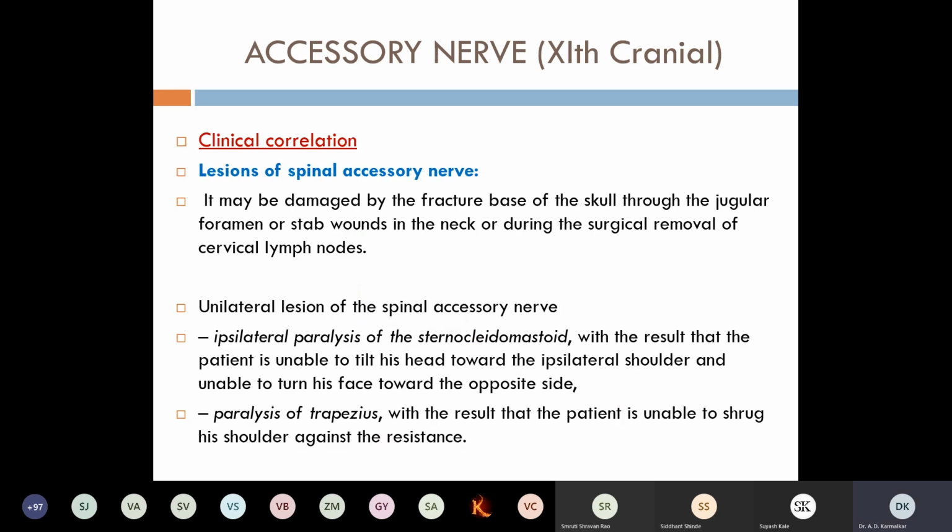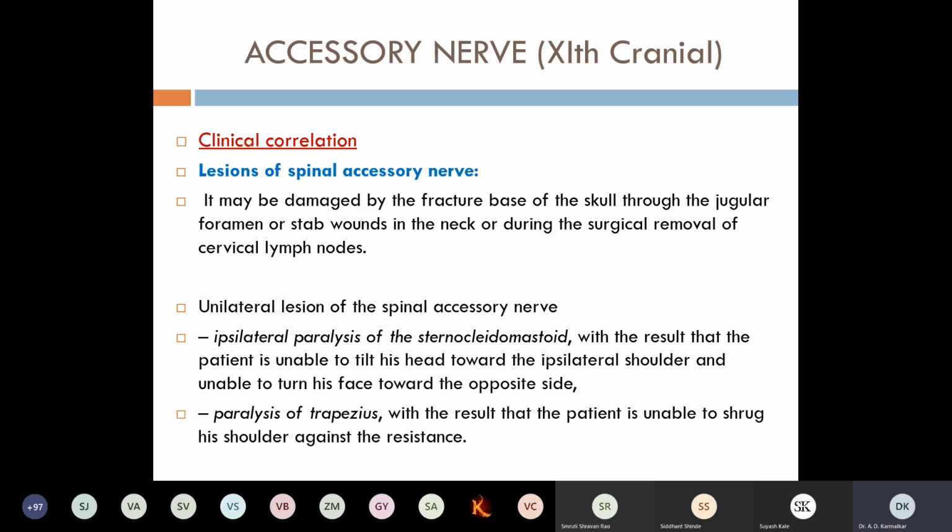Now, what will happen if there is an injury to this nerve? It may be due to a stab injury at the region of the jugular foramen, or during the surgical removal of the cervical lymph node, the nerve may get damaged. So what are the lesions? If it is unilateral, there is ipsilateral paralysis of the sternocleidomastoid muscle, the spinal root.